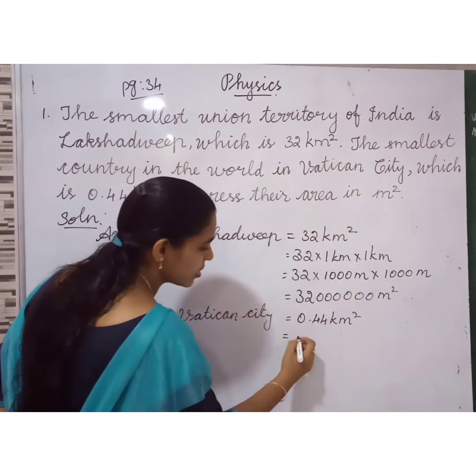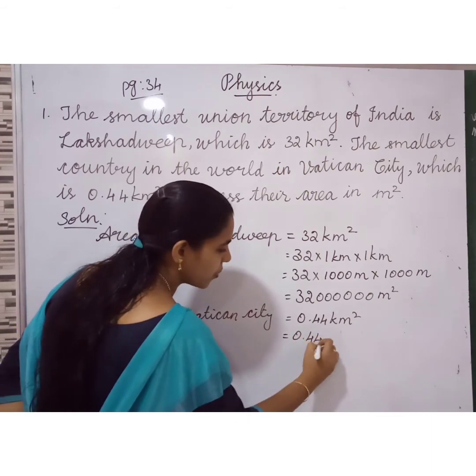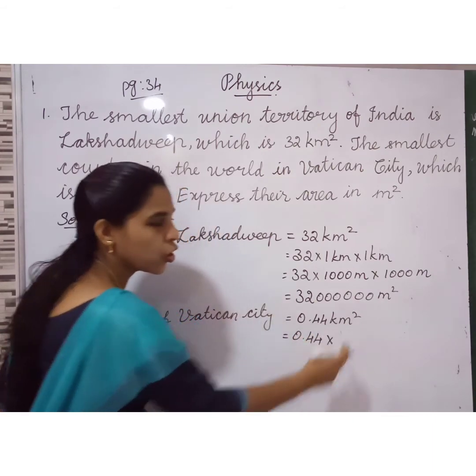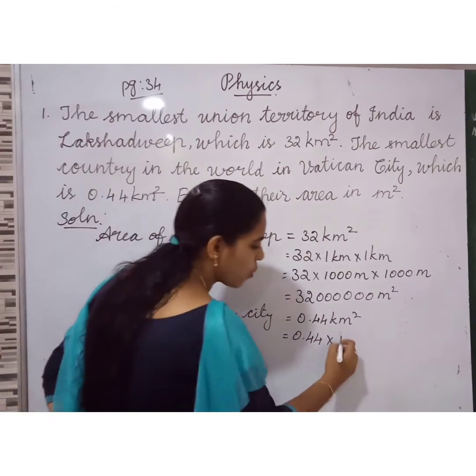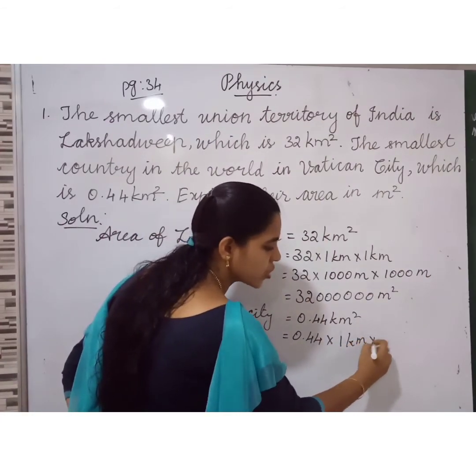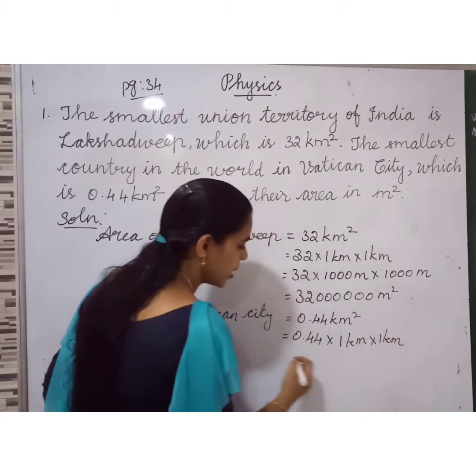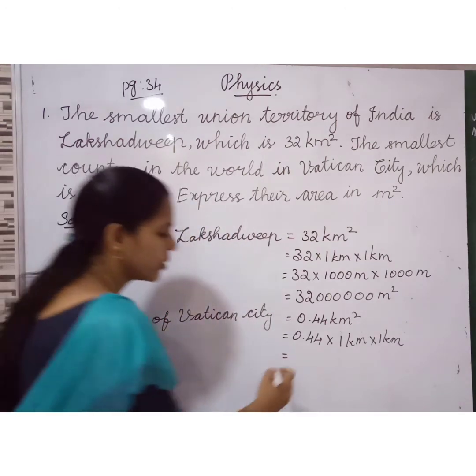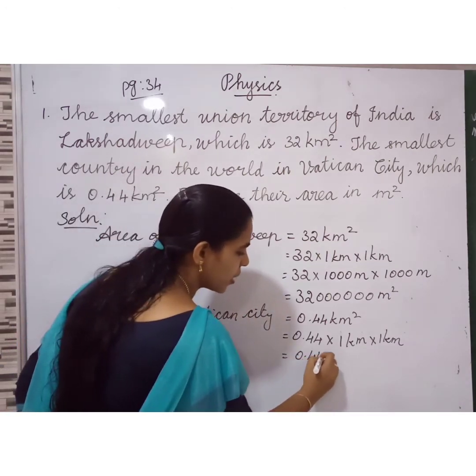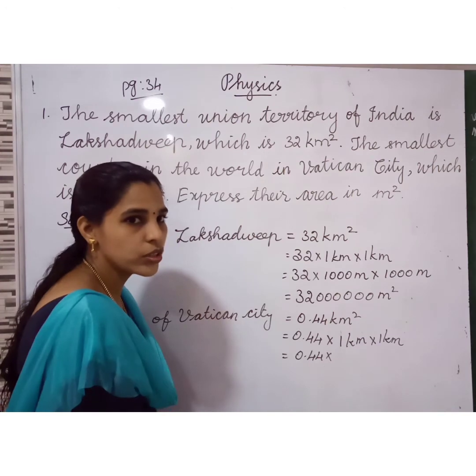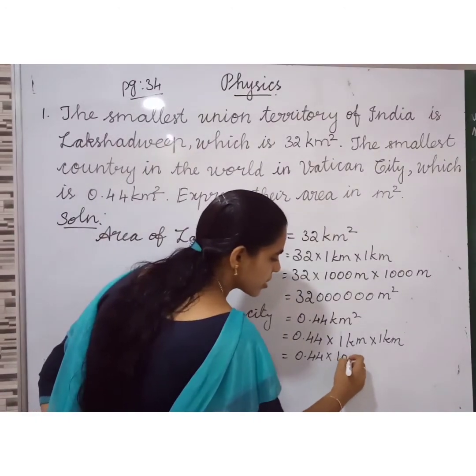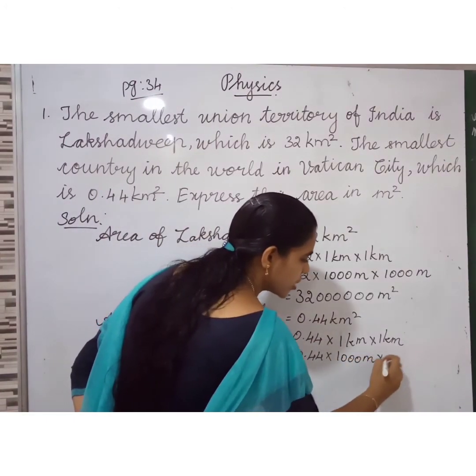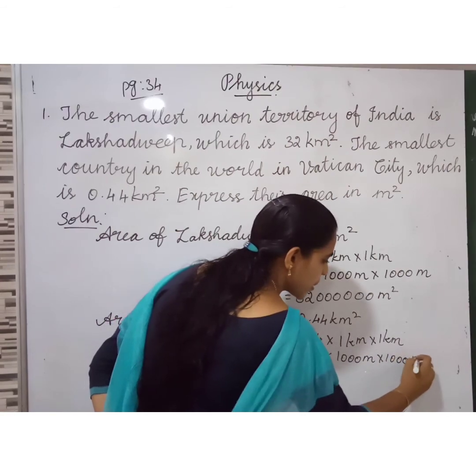We have to write 0.44 into kilometer square. So 1 kilometer into 1 kilometer, and 1 kilometer is equal to 1000 meter. 1000 meter into 1000 meter.